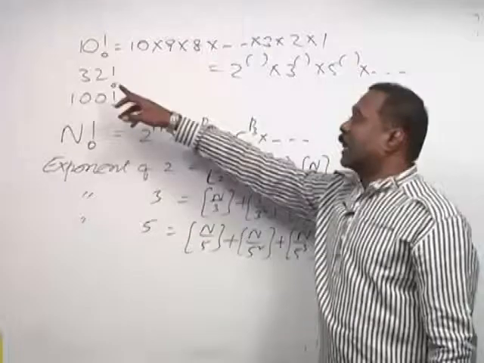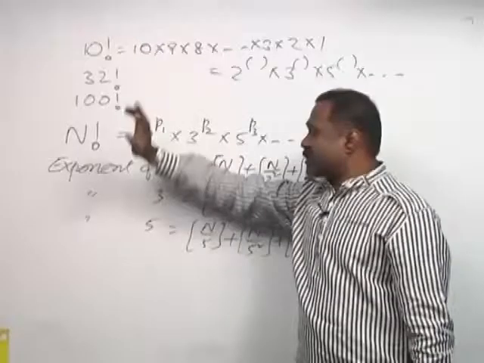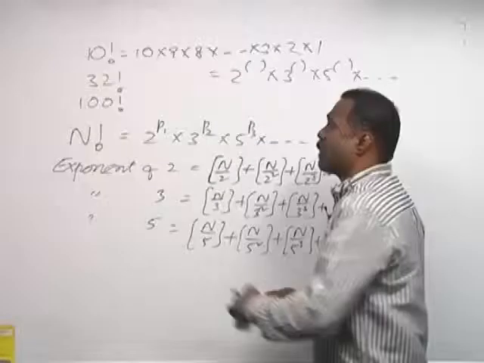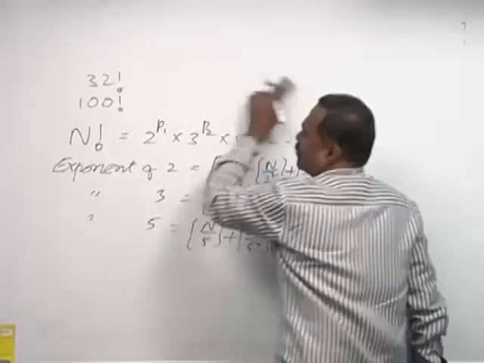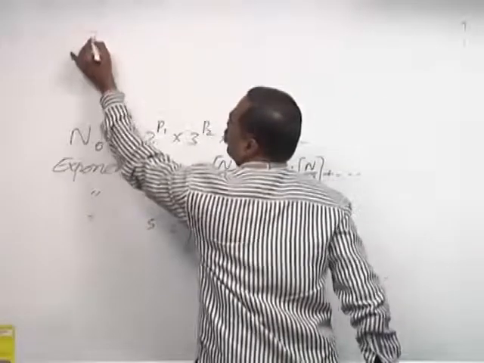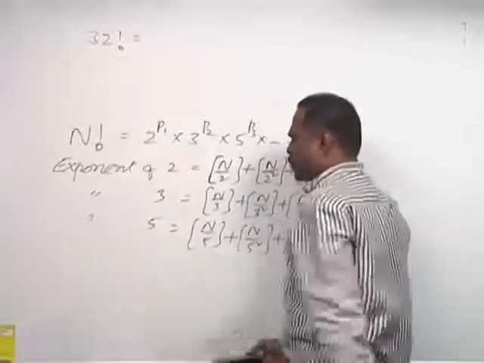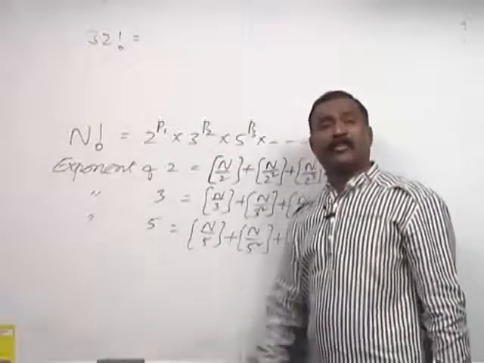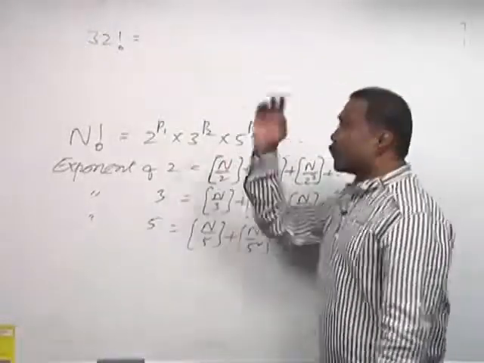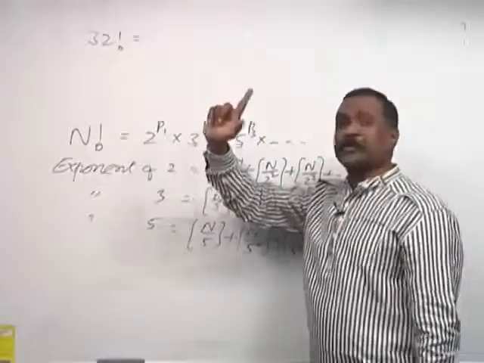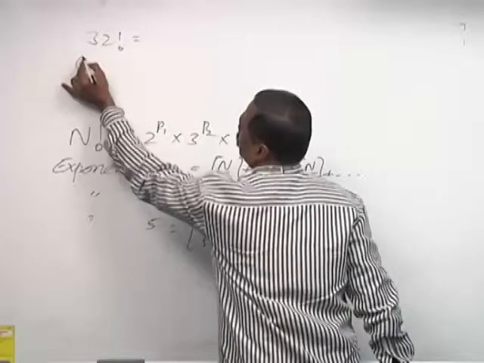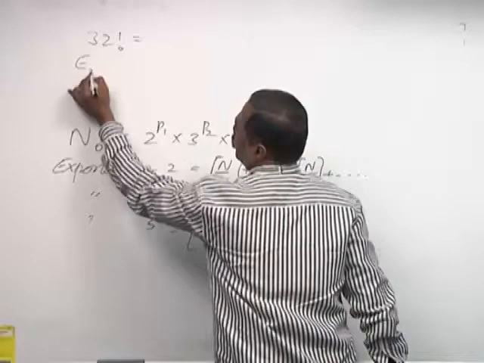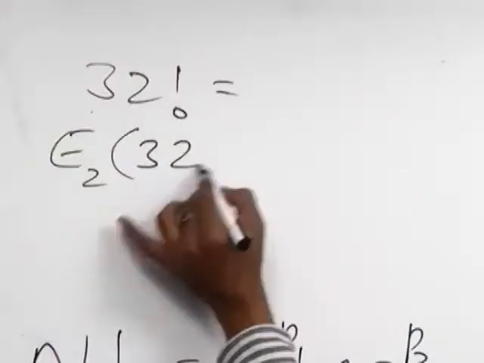If you want the exponent of 2 in the expansion of 32 factorial, for example's sake I'm taking it here. 32 factorial is 32 into 31 into 30 and so on into 3 into 2 into 1. In that product, you need the power of 2, the exponent of 2 in 32 factorial.